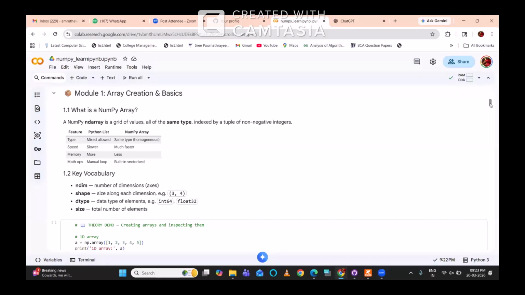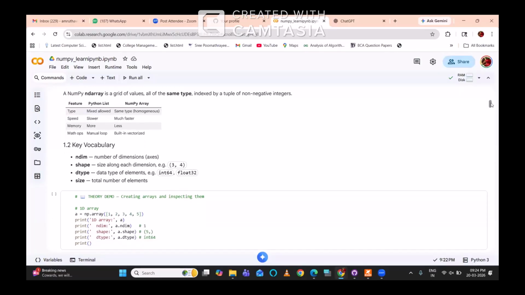for storing and manipulating it instead of a Python list. Okay. So the key vocabularies we need to keep in mind while dealing with Numpy arrays: ndim, that is the dimension. Shape will also give you the idea about dimension. dtype, that is the data type, and size is the size of the data structure we are actually using.